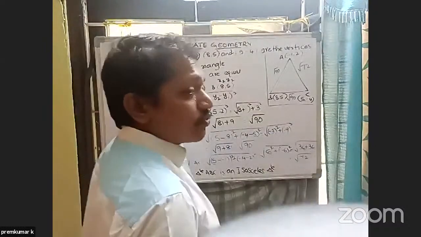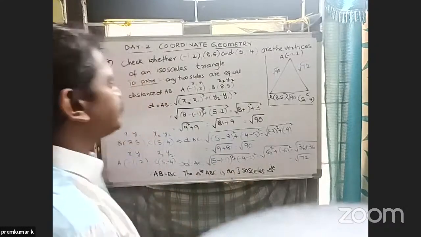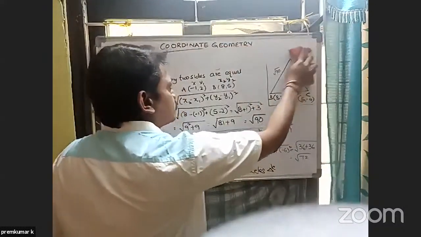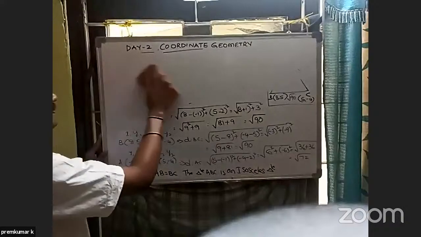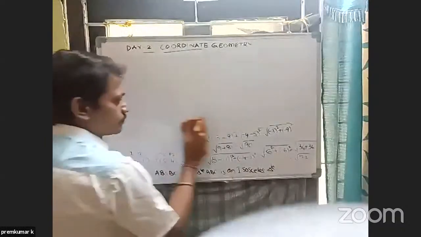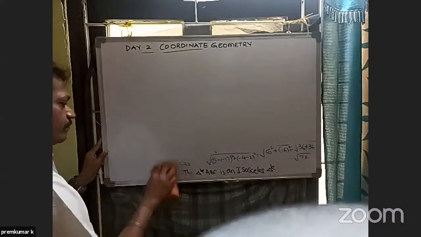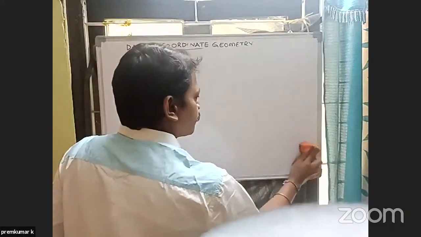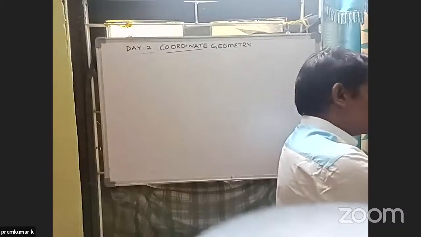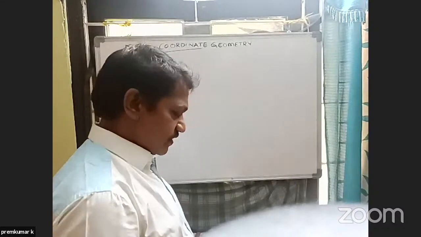Okay. Now we have to go for the third method, finding which type of quadrilateral it is. The problem on quadrilateral.